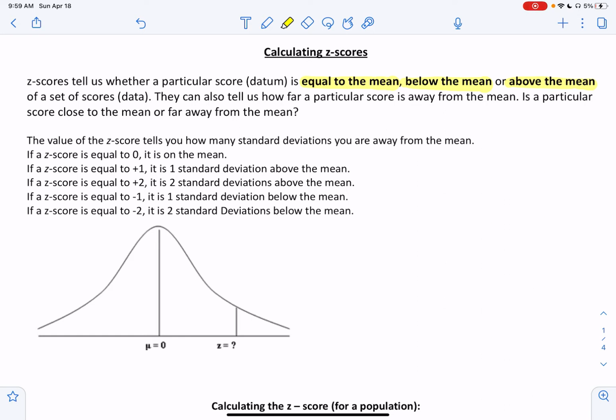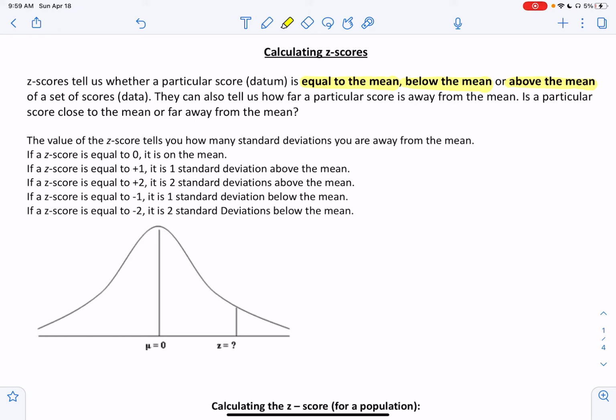It can also tell us how far a particular data score is away from the mean, and we want to determine if a particular data score is far away from the mean or close to the mean because this will help us determine how accurate our mean is and how spread out our data is. So sometimes if I'm looking at a particular data point, it really makes a difference if it's close to the mean or is this a total outlier and it's super far away from the mean.